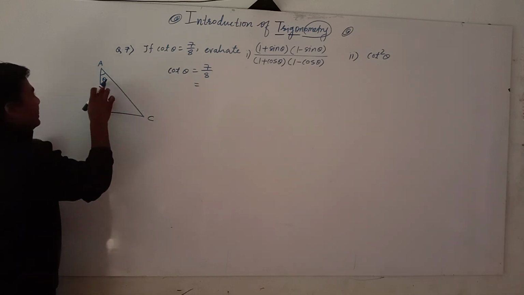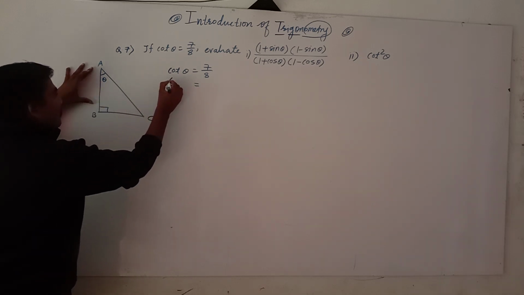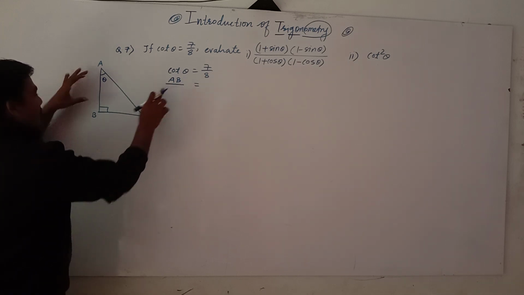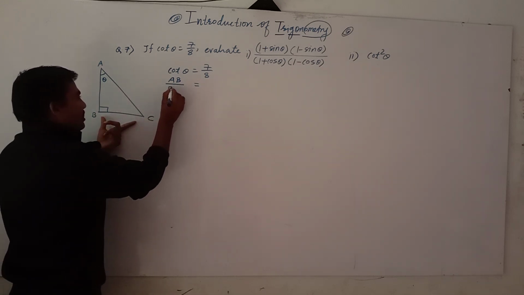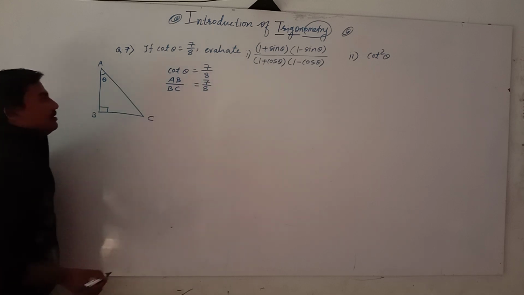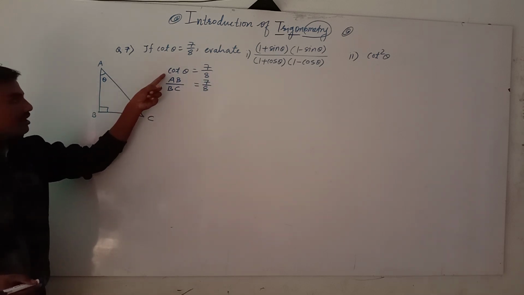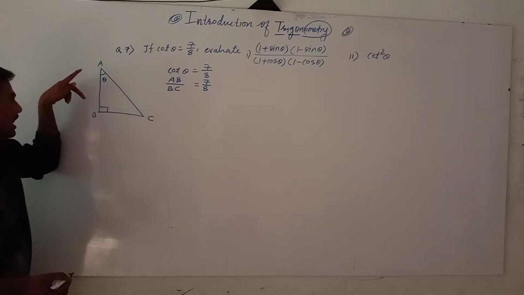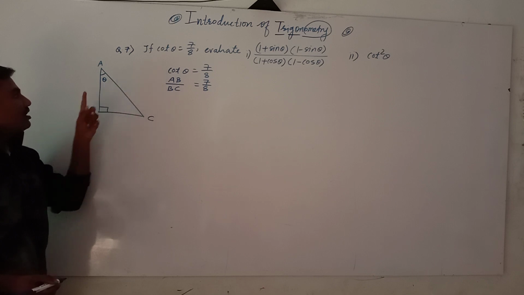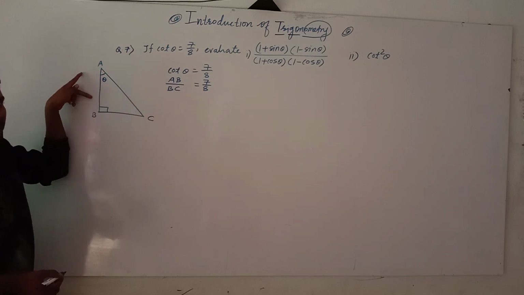Adjacent is AB and opposite is BC, so AB upon BC is 7 by 8. Cot theta is adjacent upon opposite; tan theta is opposite upon adjacent.